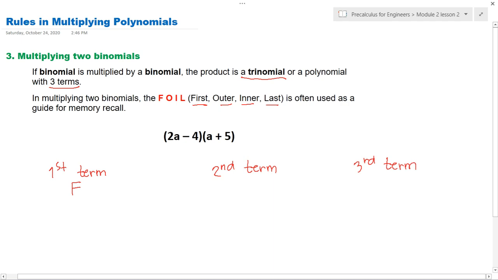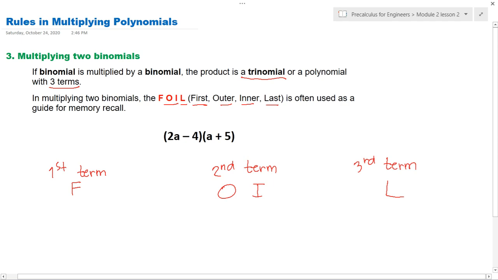For the second term, combination of the outer and inner. So, therefore, O and I. For L, the third term. So, lagay mo ito si L. So, anong gawin natin sa word na first na ito para makuha yung first term? So, pag sinasabing F, tatandaan nyo lang, multiply the first term for each binomial.